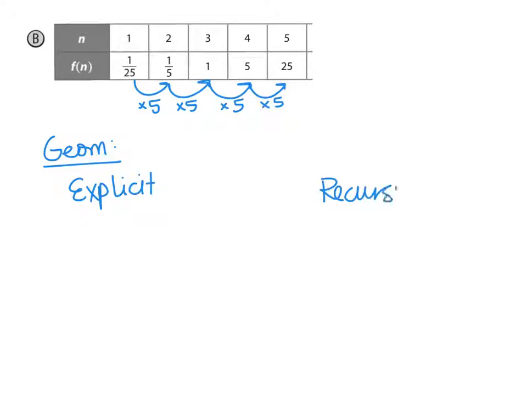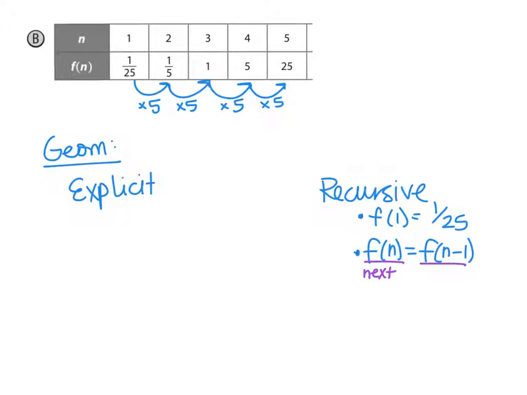The recursive is the easy one. So recursive, we have to figure out where we're starting. So we just say f of 1 equals 1 over 25. And then to find the next term, we use the previous term. If you need to, write in your notes that the first one means next, and this one means previous. So the next term is the previous term times 5, because we're multiplying by 5 every time.